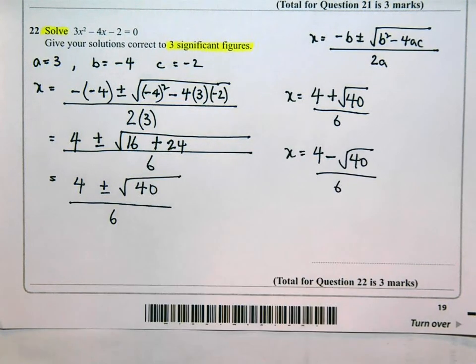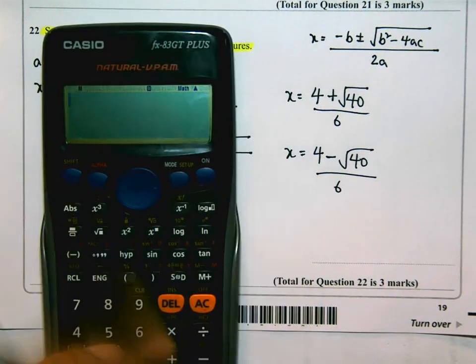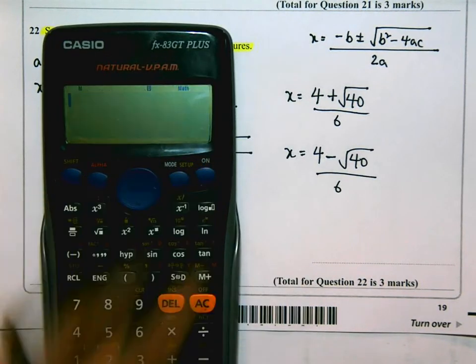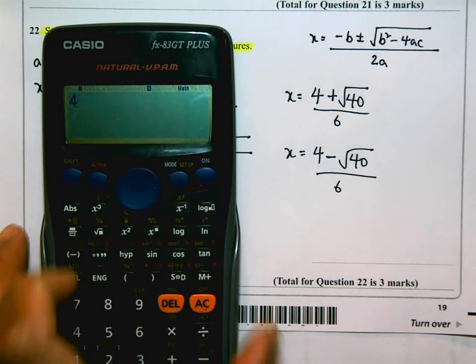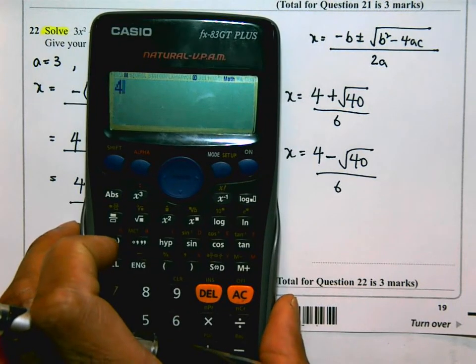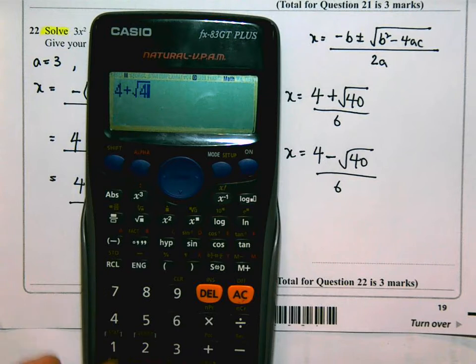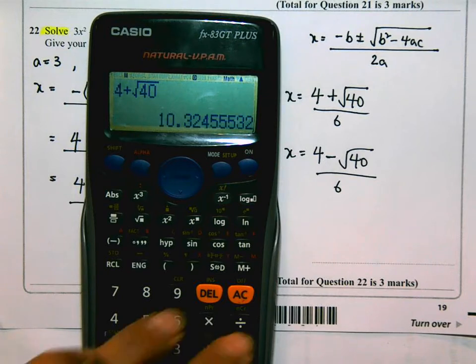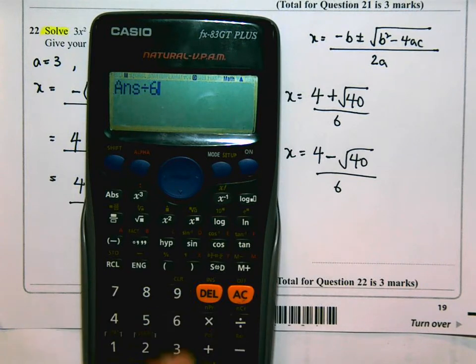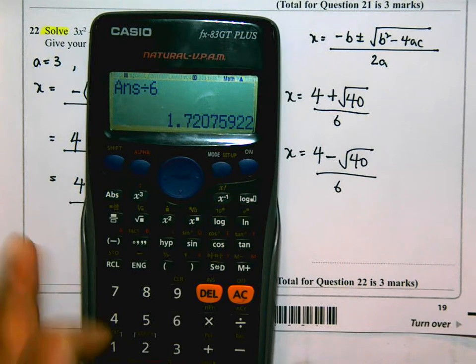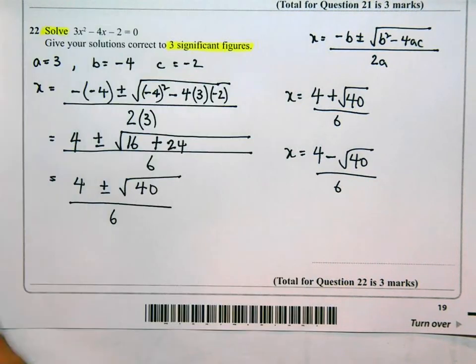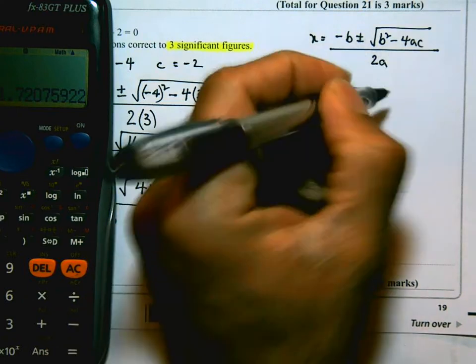And I'm going to use my calculator to work that out. 4 plus square root 40 equals, and divide that by 6 equals 1.72.